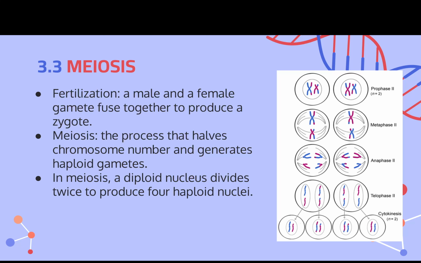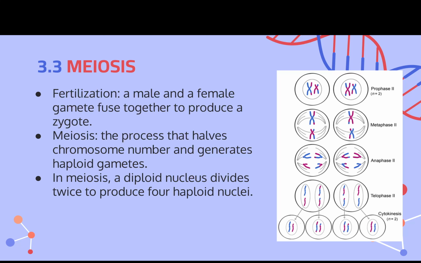Because in fertilization a male and a female gamete fuse together and each brings half of their chromosomes, meiosis allows the chromosome number to be halved and generate haploid gametes, which then fuse together to create a diploid zygote.